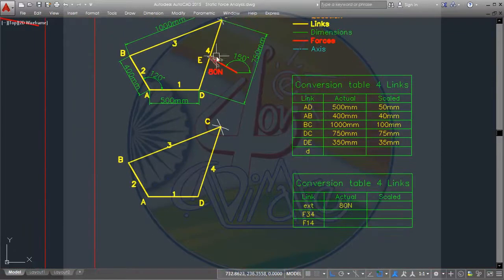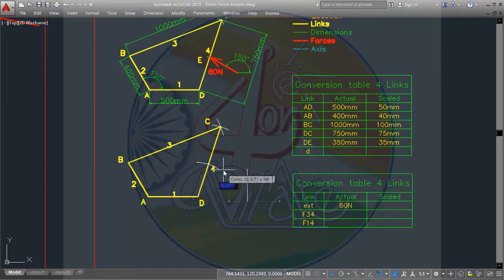Now the force which is acting, it is acting at what point? At E. What is the distance of E from D? 350. So we have to draw at 35. Fine. So again I just need this arc.